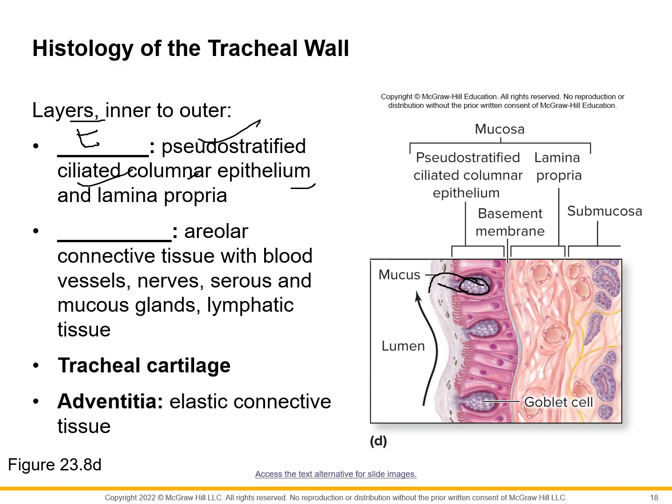Your submucosa is also here, and you can see the lumens of the vasculature right here. Now, the submucosa is right here. Submucosa right there, followed by the C-ring of the tracheal cartilage, which is basically hyaline cartilage.